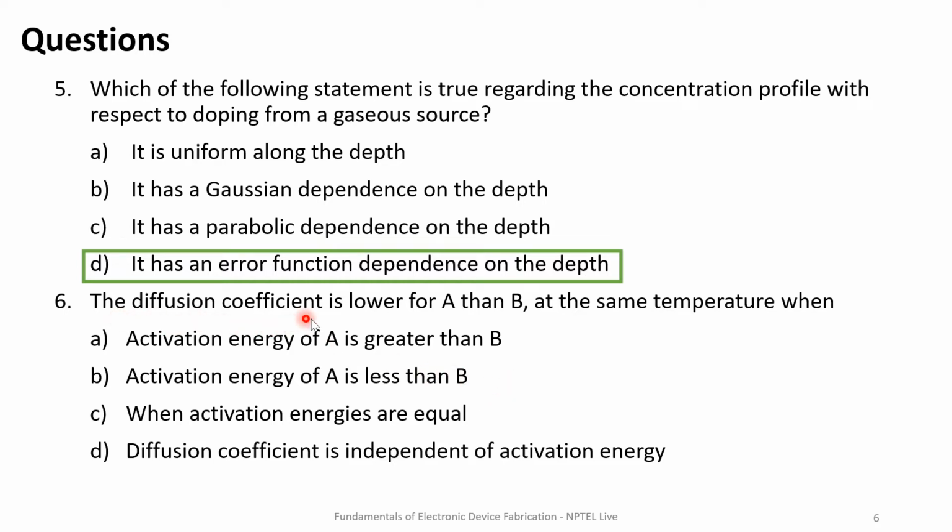Yeah. So based on that, can you now think? Diffusion coefficient is D. D0 is the pre-exponent. It is a constant. So we will not consider that. Same temperature means temperature is also constant. K is also constant. Only thing that changes here is activation energy. That is our EA. So diffusion coefficient for A will be lower than B when activation energy of A is dash than B. So based on that equation, you can think.